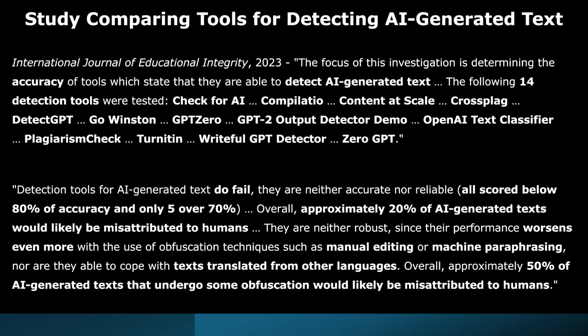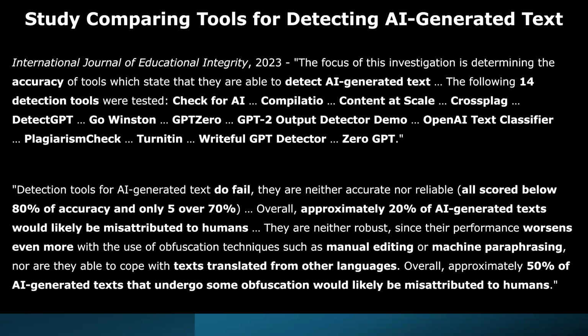The following 14 detection tools were tested: Check for AI, Compilatio, Content at Scale, Crossplag, Detect GPT, Go Winston, GPT-0, GPT-2 Output Detector Demo, OpenAI Text Classifier, Plagiarism Check, Turnitin, Rightful GPT Detector, Zero GPT, end quote.